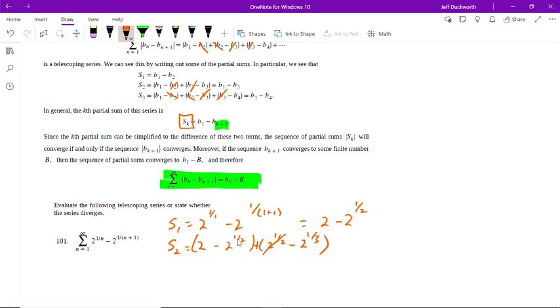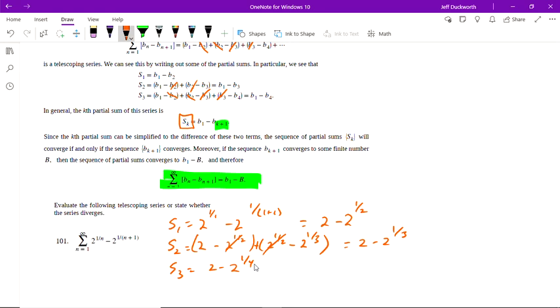So again, these cancel out, and we're left with 2 minus 2 to the 1/3. And the next one, S3, will be 2 minus 2 to the 1/4. So we're taking the fourth root of it, and so forth.